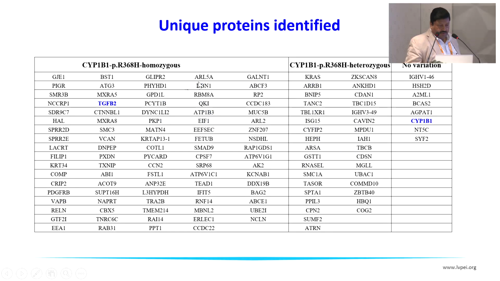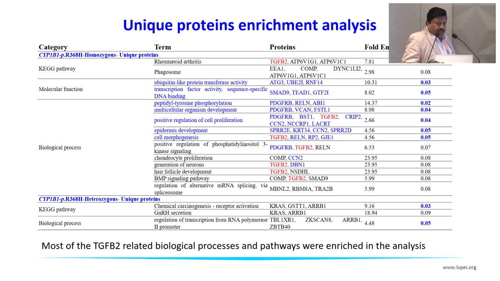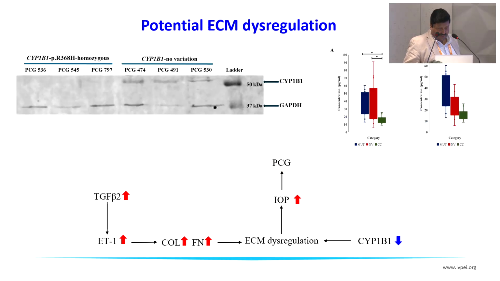And what we found is that homozygotes have an overexpression of TGF-beta, and those without variations, which are PCG but no variations in CYP1B1, have a higher expression of CYP1B1. These unique proteins, the TGF-beta, are upregulated or enriched in homozygous cases as opposed to those who are heterozygous.